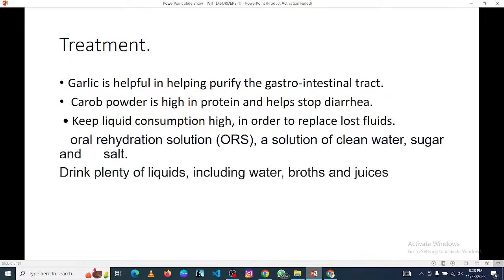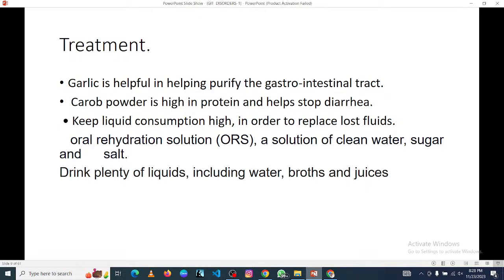You are flushing out minerals from your body. So you need to remineralize, by taking some warm, clean water with some Himalayan salt added to it or black salt added to it.